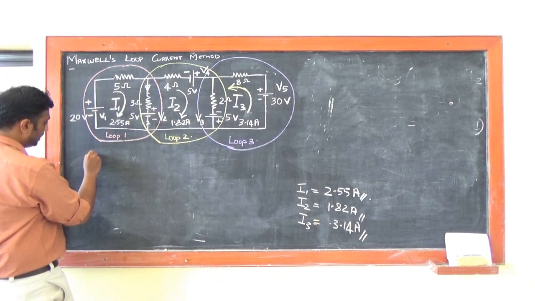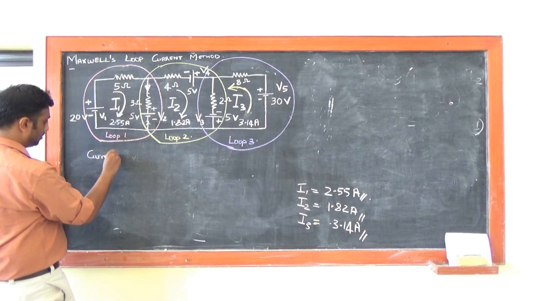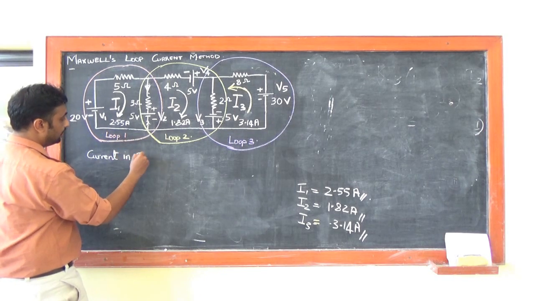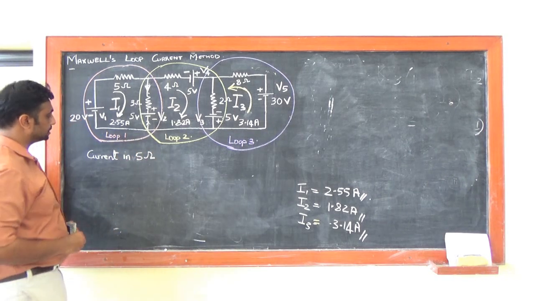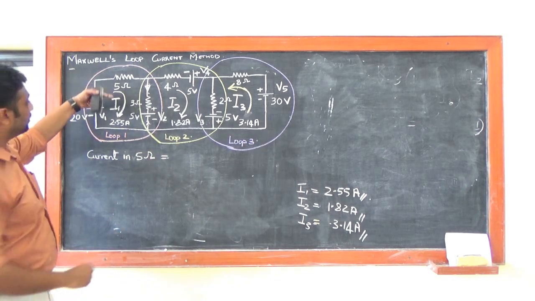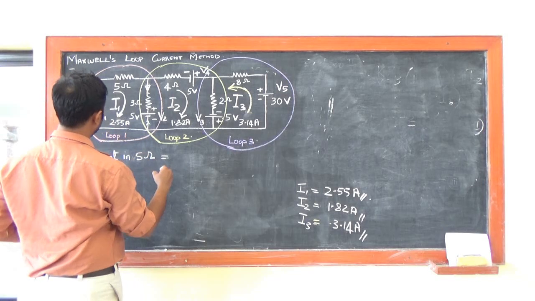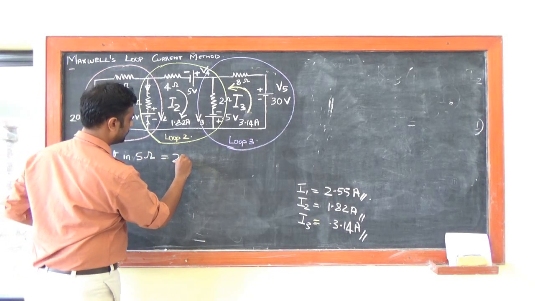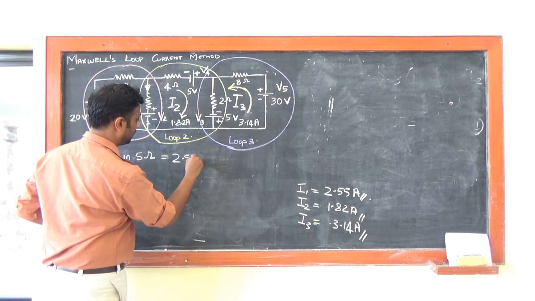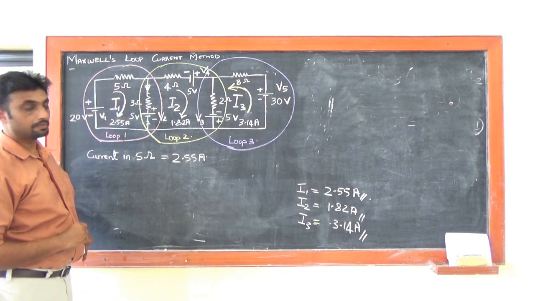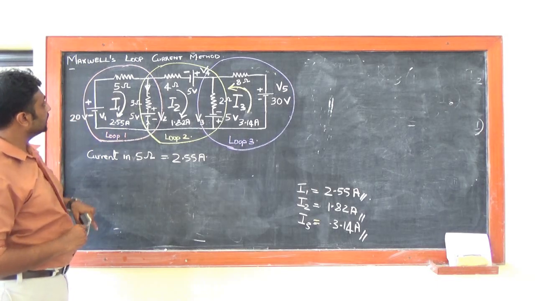So the current in the 5 ohms resistor is equal to how much? I1. My I1 value is 2.55, so it will be equal to 2.55 amps. What is the voltage in this resistor?